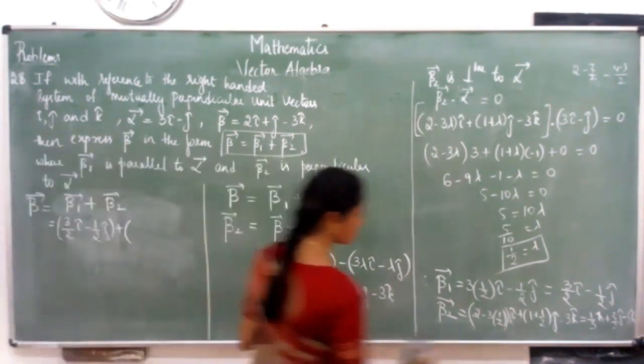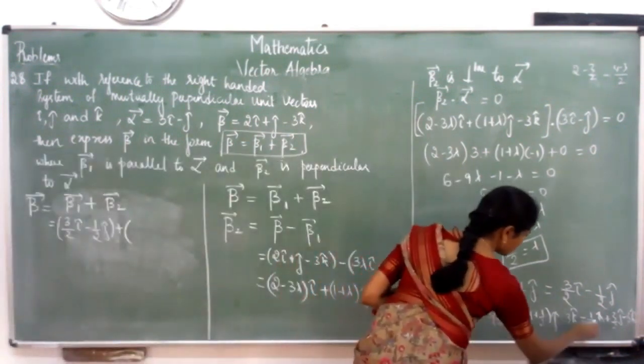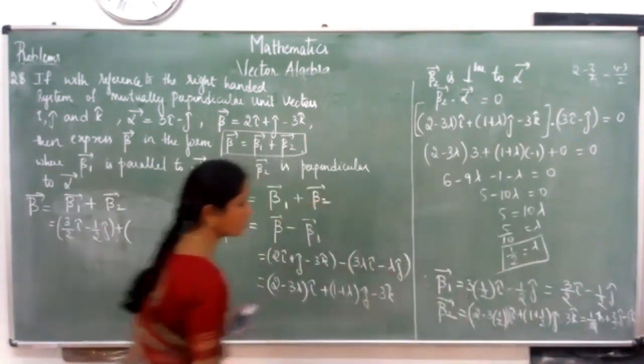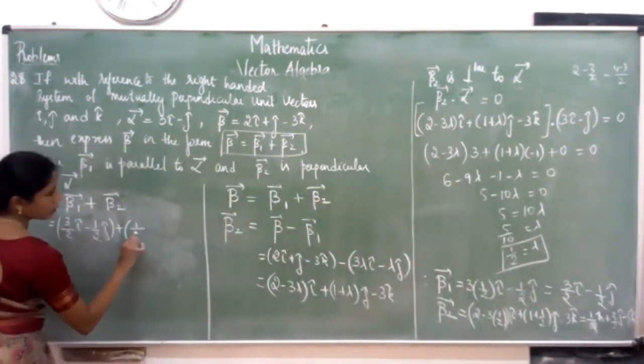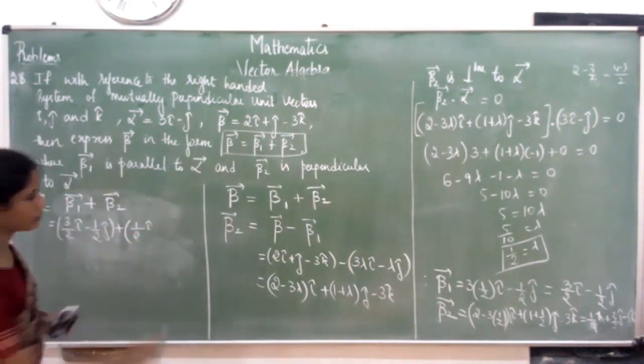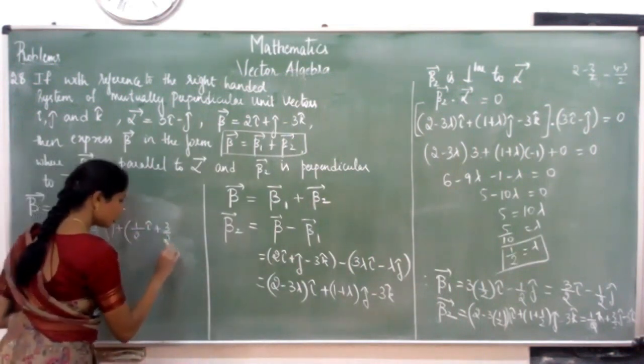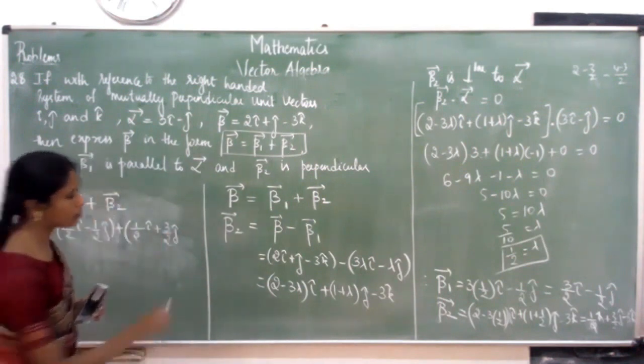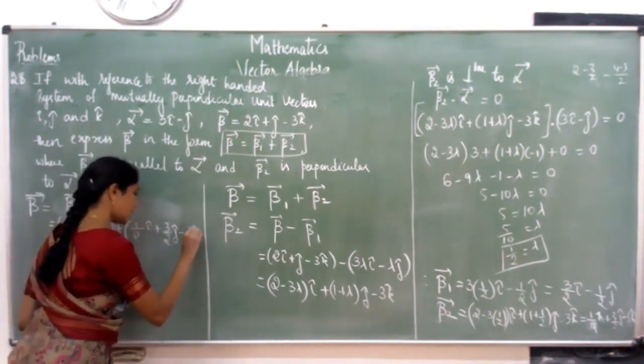Oh, sorry, here I have written it as 1 by 3, it is 1 by 2. Okay, so this is 1 by 2 i cap. Next we have plus 3 by 2 j cap. Then we have minus 3 k cap.